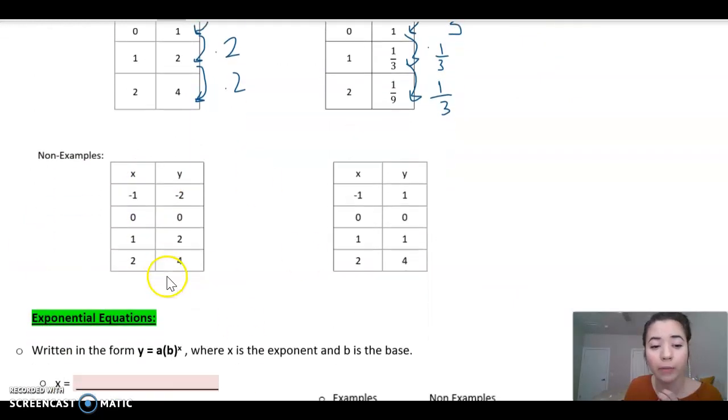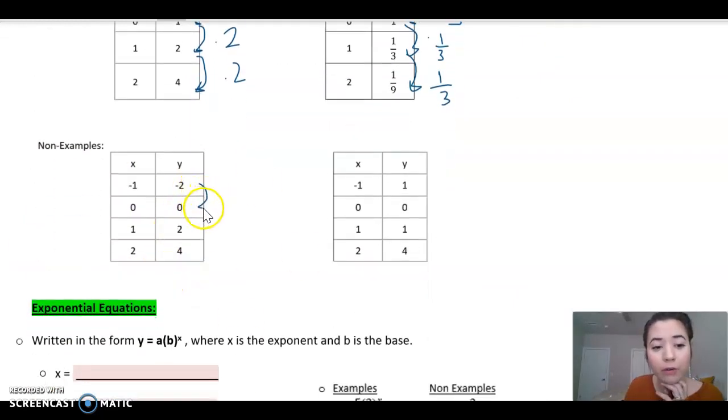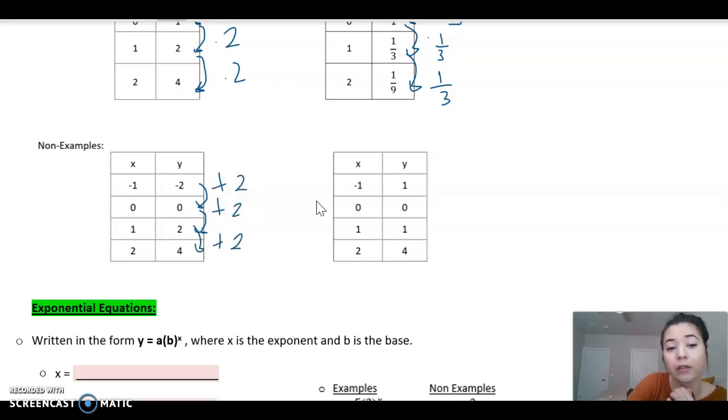So for this one here, to get from -2 to 0, we can either multiply by 0 or we can add 2. To get from 0 to 2, we also add 2. So here, we're adding 2 each time. So this one would be linear because we're adding something each time.